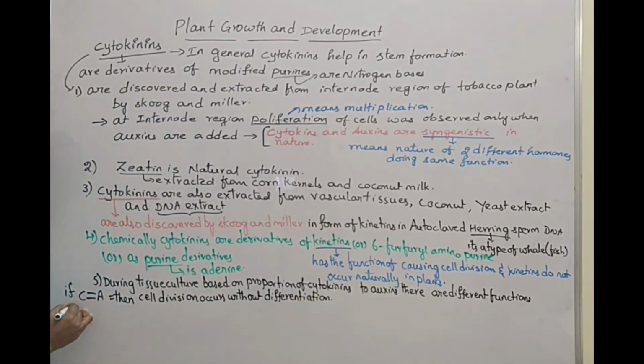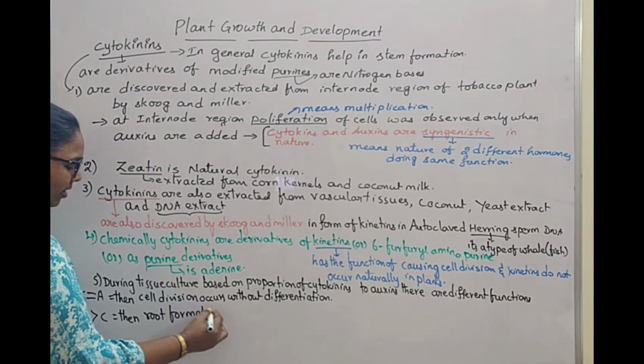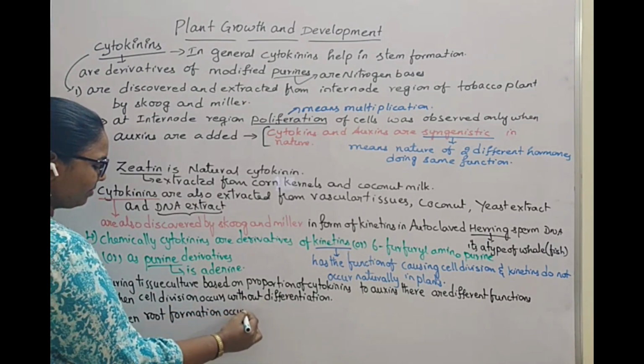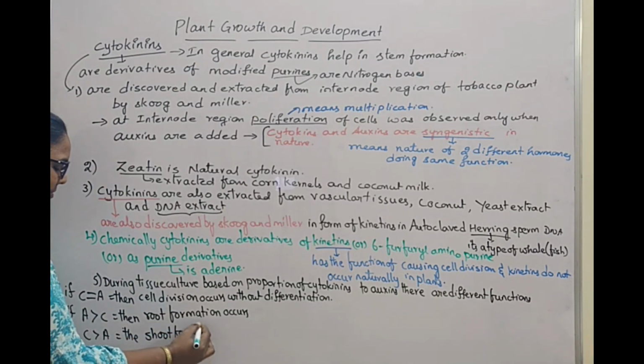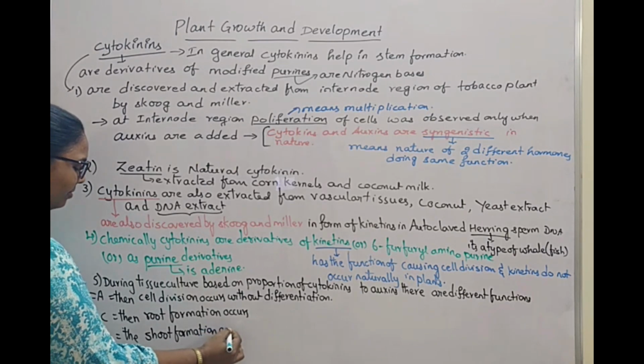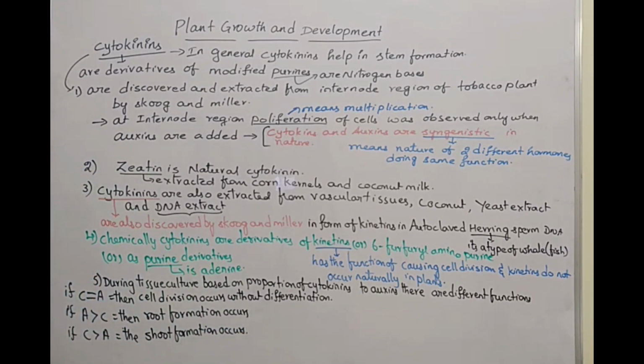If auxins are more than cytokinins, then root formation occurs. If cytokinins are more than auxins, then stem or shoot formation occurs. So these are a few points related to cytokinins.